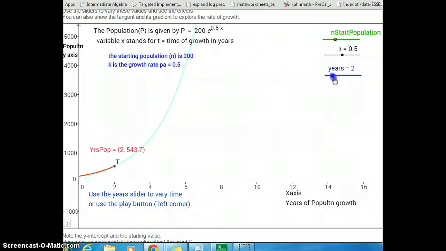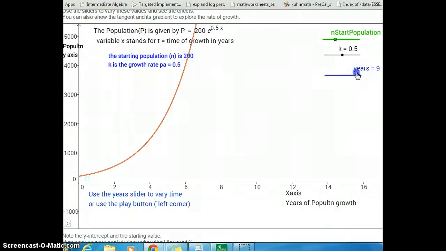Year 2 is 543.7, year 3 is 896.3, year 4 is 1477.8, and then naturally as the years go by, the population keeps growing, and it's growing faster and faster and faster.